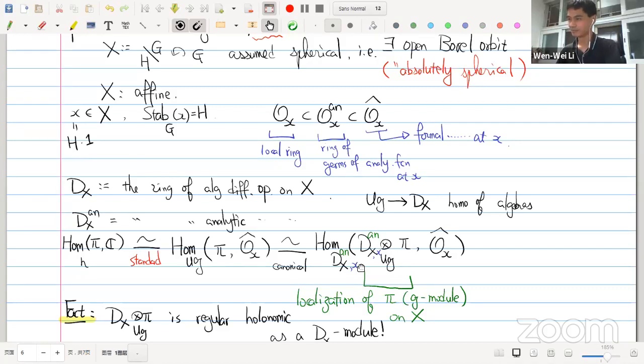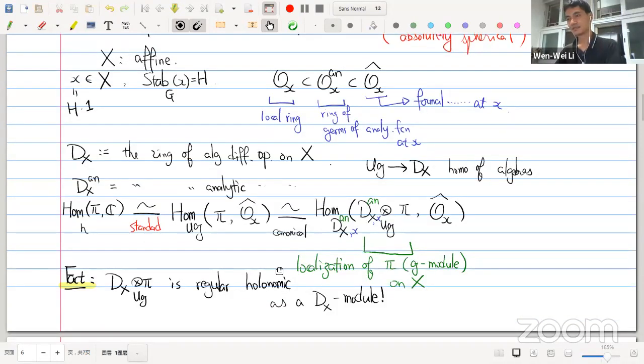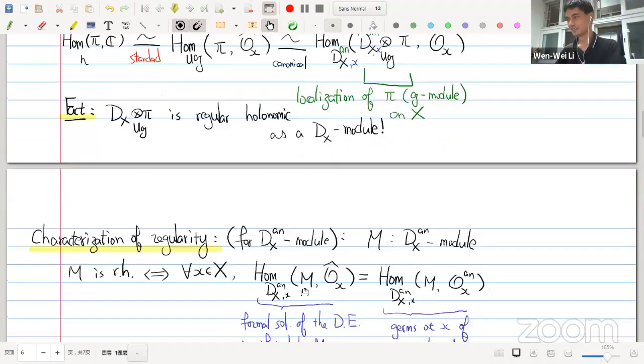But it's just a formal one. If you get something that's defined over X, then you get automatic continuity. But in general, it's just a formal function. What I said here about the criterion of regularity is that you can actually extend the formal matrix coefficient a little bit to a germ of analytic functions at x.